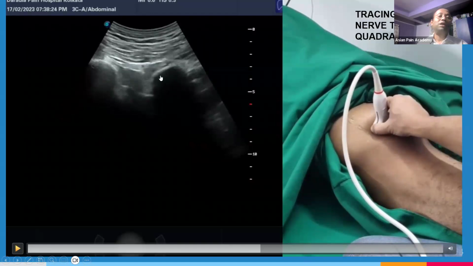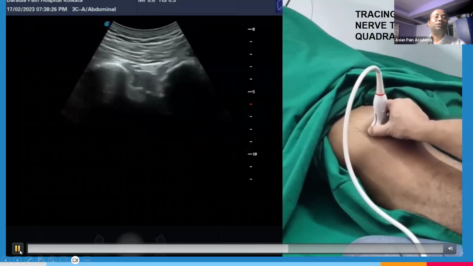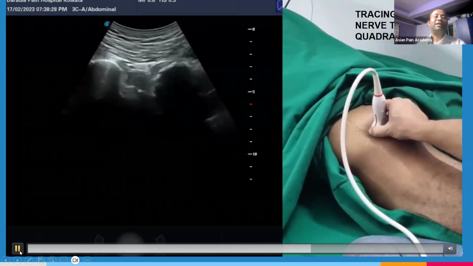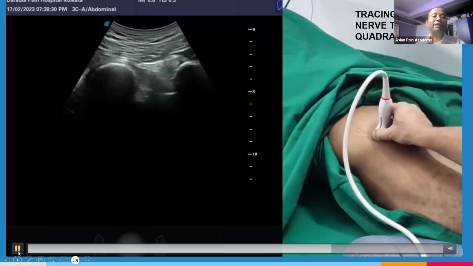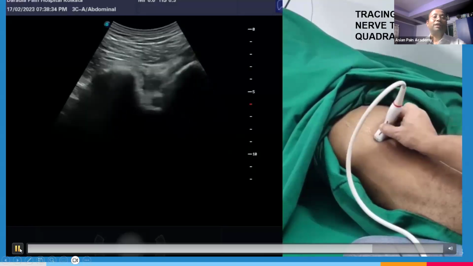Okay. When we are seeing the ischial tuberosity, of course a bit below, then we will see the tendons. Then we will see the conjoint tendon.